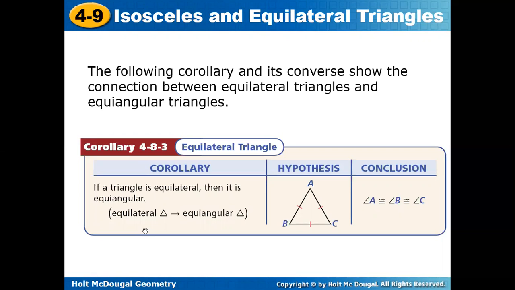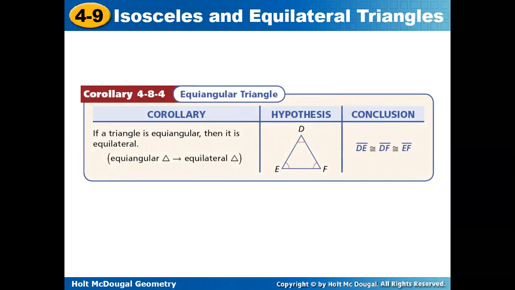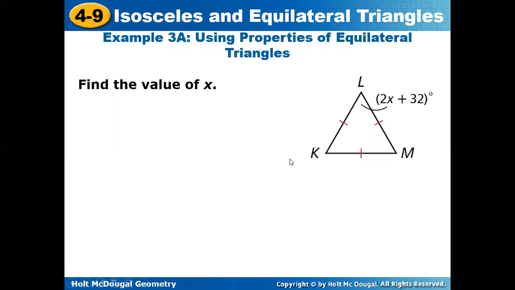Equiangular means the three angles are congruent and the measure of each is 60. If a triangle is equiangular, then it's equilateral. So it's the same.